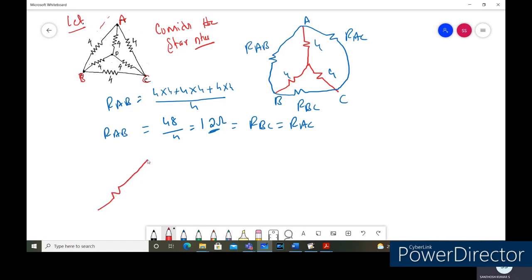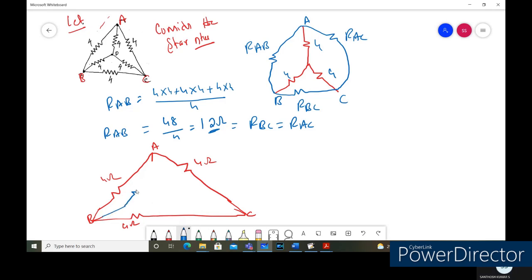First let me write the network. Between the nodes A, B, and C, this is the original one, with a 4 ohm here and a 4 ohm here. Between these we have the delta part, where we have replaced the star with the delta network.